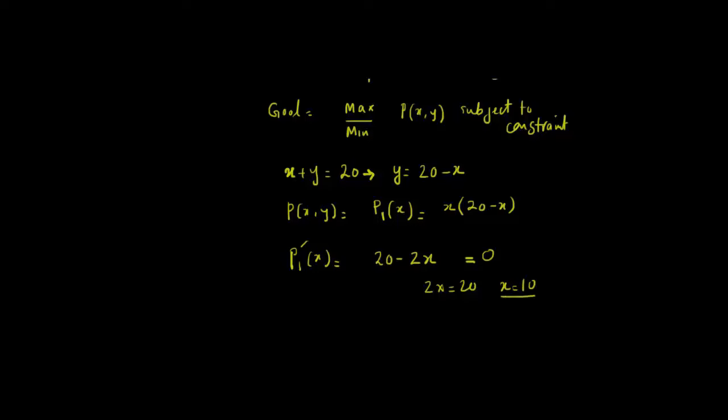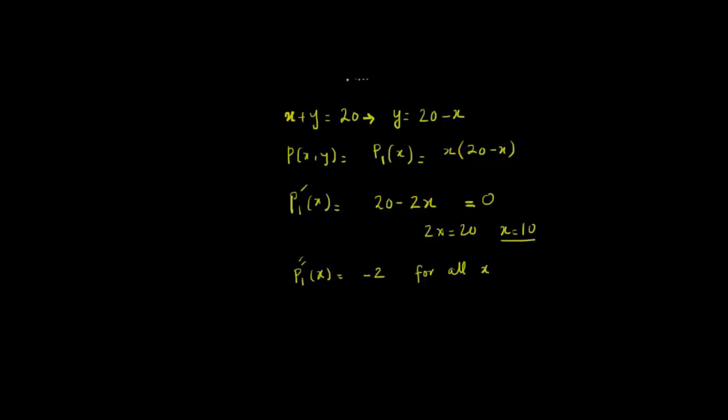So this x equal to 10 is a point at which either the maximum or the minimum will occur. The second derivative of this cost function is equal to -2, which tells me that the x equal to 10 value must be the maximum value for that function.